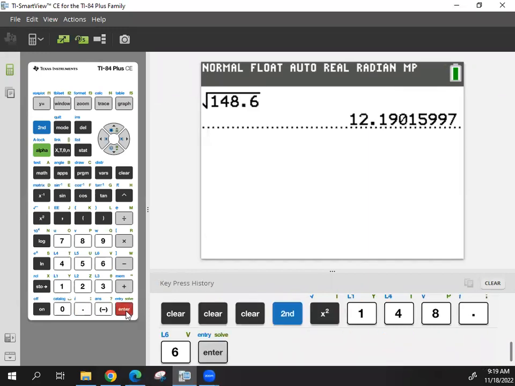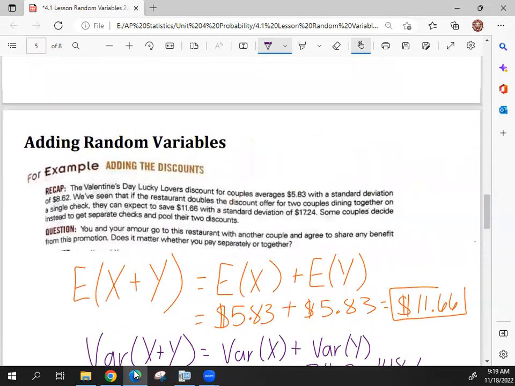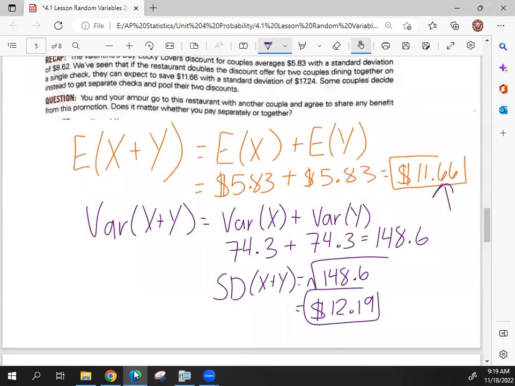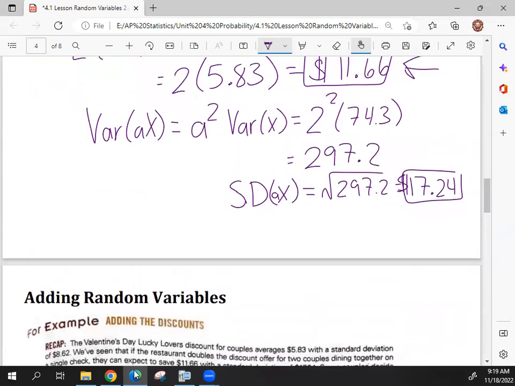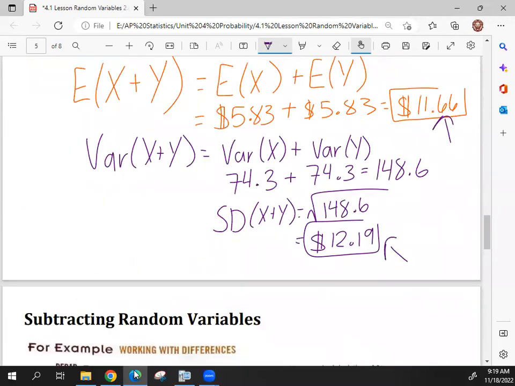So we're going to get a standard deviation here of 12.19. So even though the couples who dine together, when they get the same check, they save on average the same amount of money as when they split the check and pay for their own, the variance and the standard deviation when they share a bill is larger than when they get their own bill.